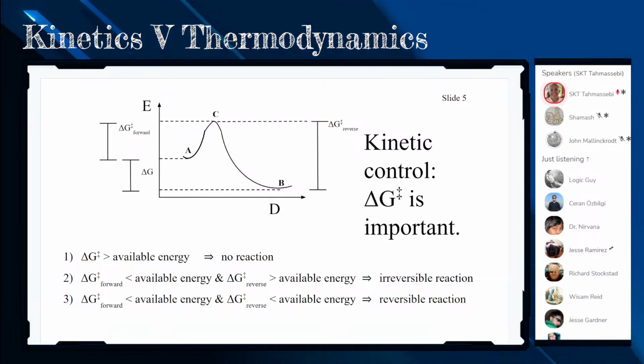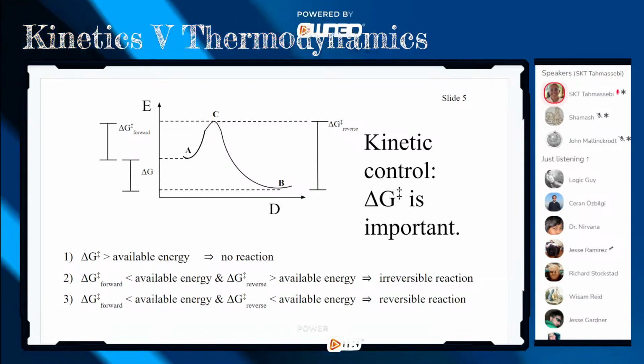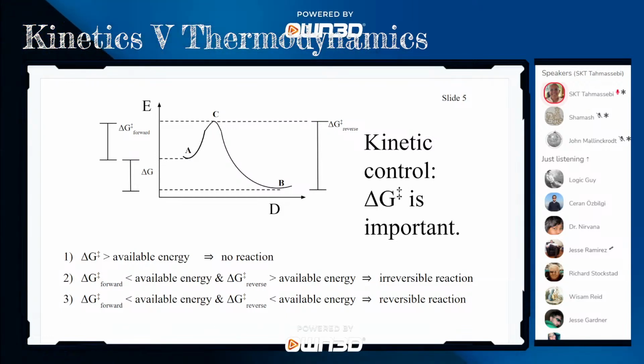Okay, so an irreversible reaction is different than a non-spontaneous reaction or a reaction that goes to completion. An irreversible reaction is kinetic, whereas a reaction going to completion is thermodynamic.